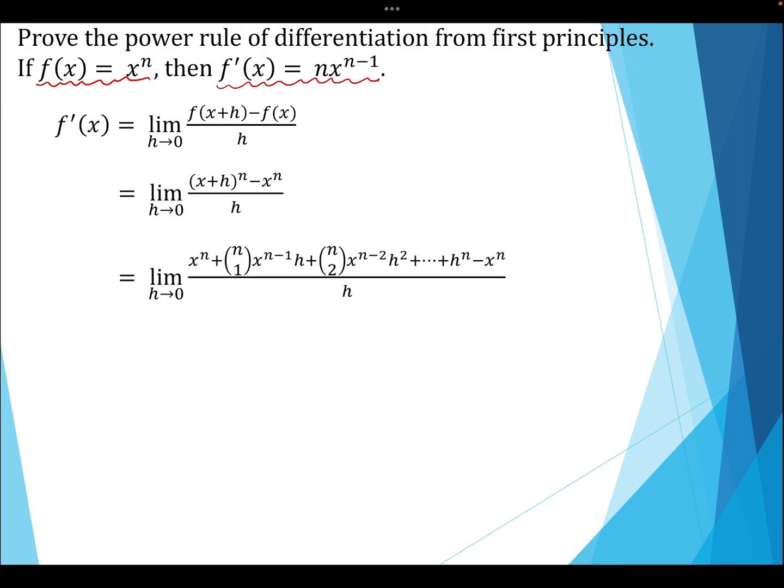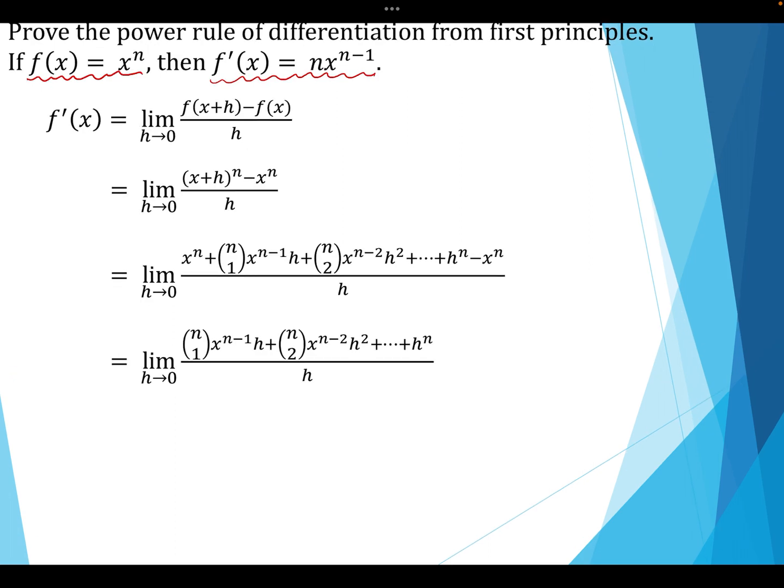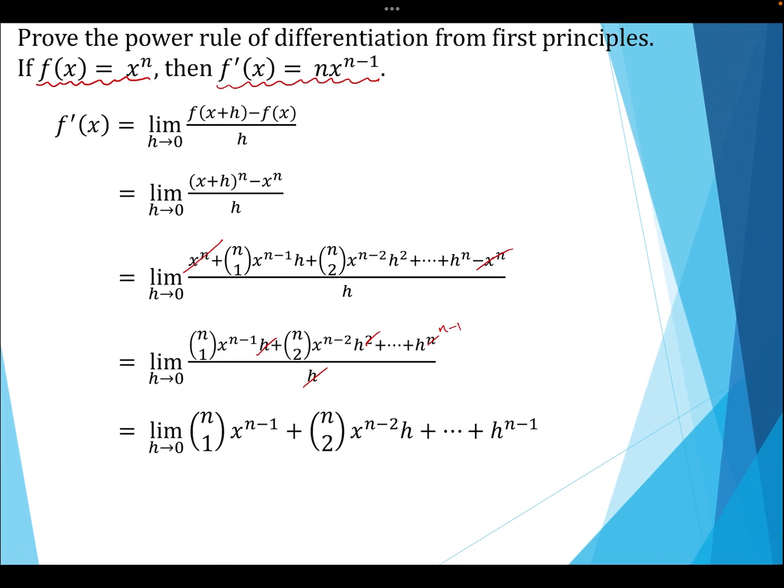Then what we need to do is cancel that and rewrite it and eliminate all the x to the power of n terms, and divide by h, and we therefore have the limit of this expression: n choose 1, x to the power of n minus 1, plus n choose 2, x to the power of n minus 2 times h, and so on and so forth until we have h to the power of n minus 1.